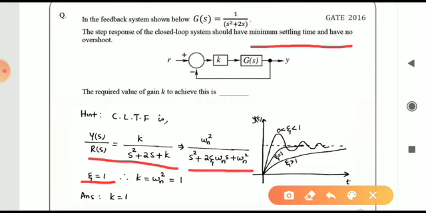Now when zeta equal to 1, then by comparing the coefficient of the 2s, we get omega n equal to 1. Now we know from the expression it is very clear that K equal to omega n square, so it is equal to 1. So the answer is K equal to 1.